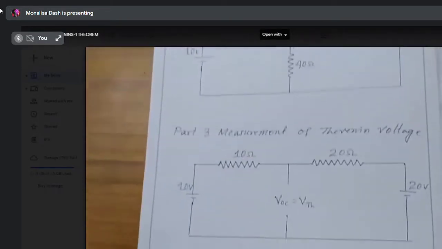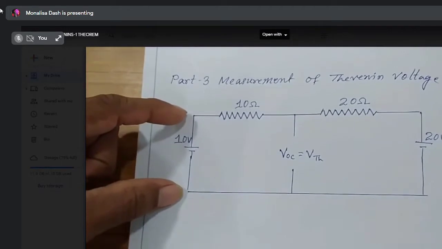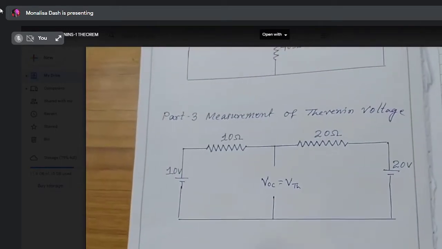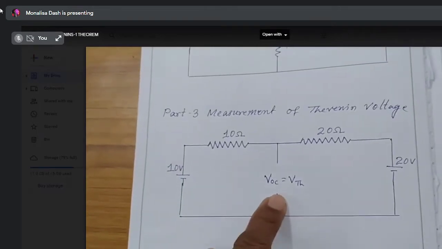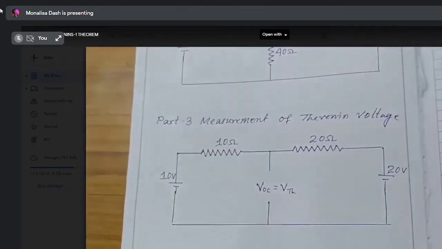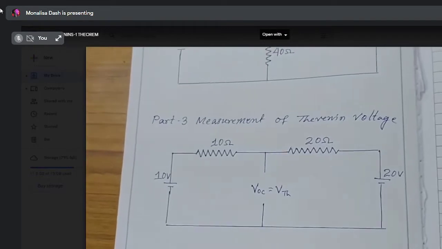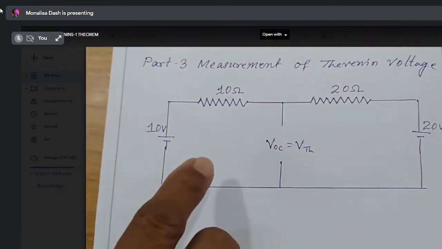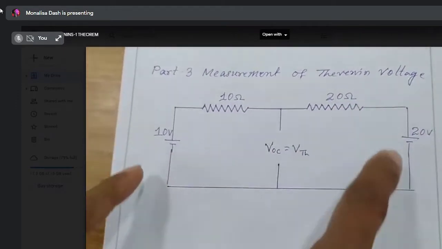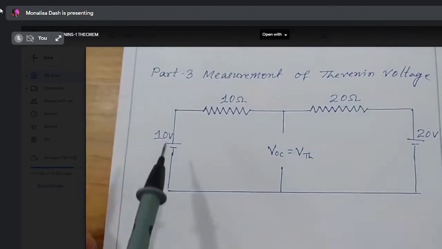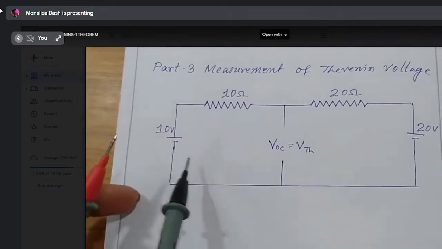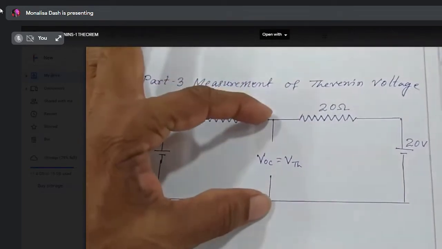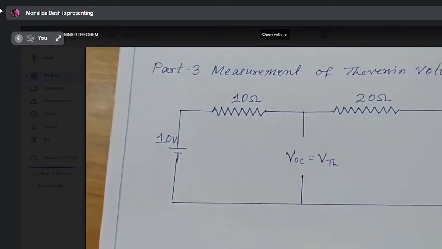Next, in step 2, we have to measure the Thevenin voltage using these circuits. In these circuits, we are connecting a 10 volt source here and a 20 volt source on this side, and we remove the load resistance and have to measure the open circuit voltage across the load terminals.